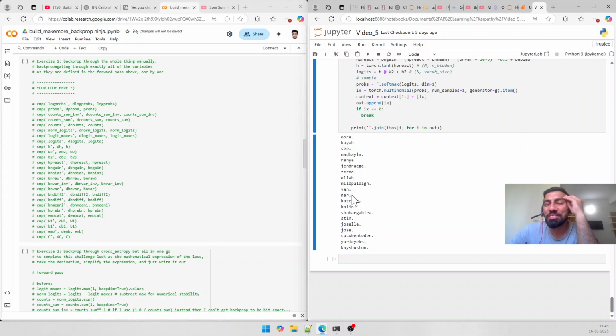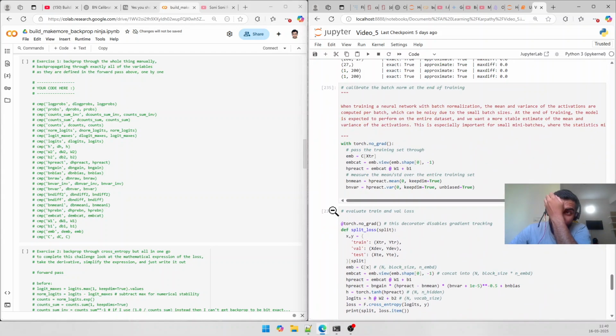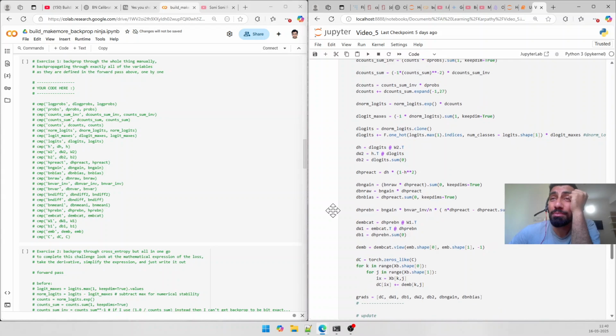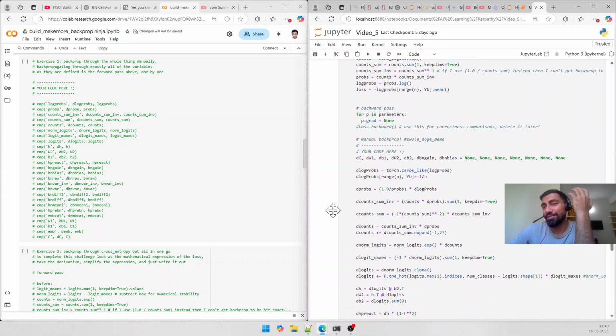I don't know if people have such names or not, but anyway, this was all with our backpropagation that we wrote, and we got the answer to it.